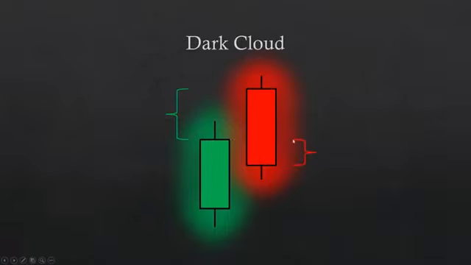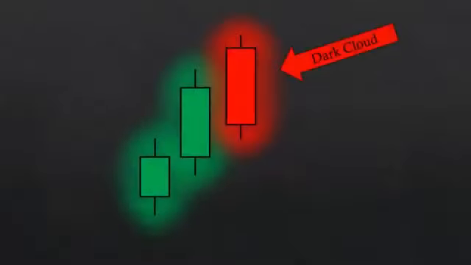Even though the name dark cloud has nothing to do with the piercing line, the two patterns are mirror images of each other, and the name dark cloud comes from the analogy that the second bearish candle covers the first candle, just like a dark cloud sometimes covers the sun. It's an analogy that makes it easier to remember the pattern.